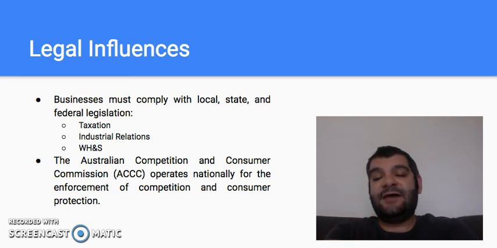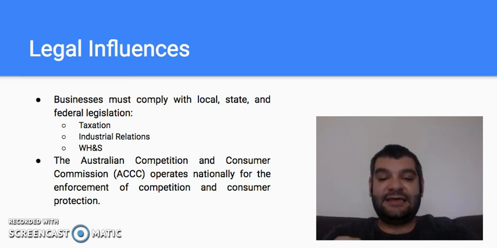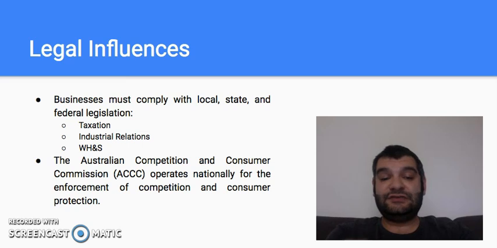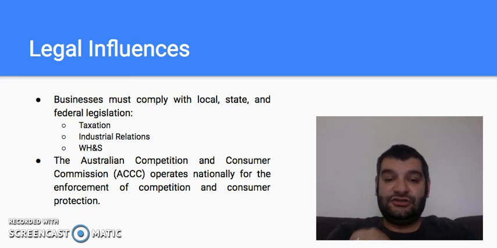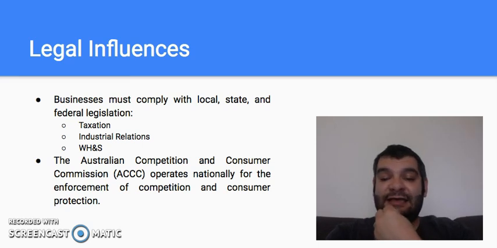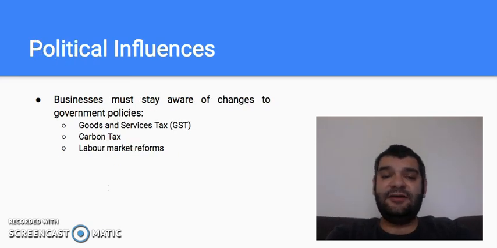And what that means is that an act of parliament, so a piece of legislation, has been enacted that says that the ACCC can operate nationally and can enforce competition laws, consumer protection laws, and ensure that all trading is done fairly across Australia as well, and failing to comply with any of this legislation can lead to some hefty financial penalties for businesses.